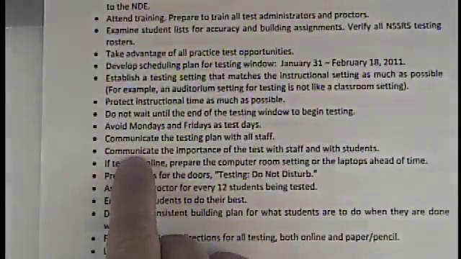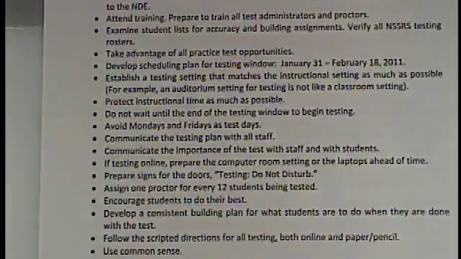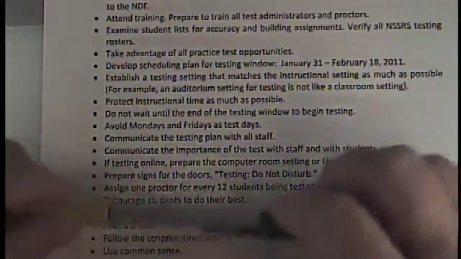Here, this one I really want to talk about. Communicate the importance of the test with staff and with students. This one right here, it's so important.